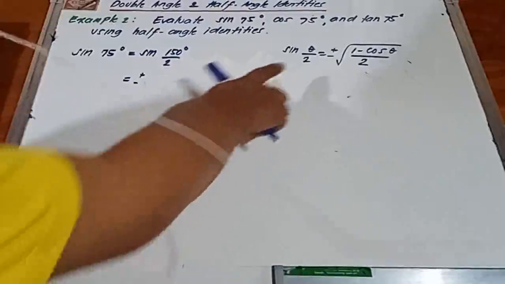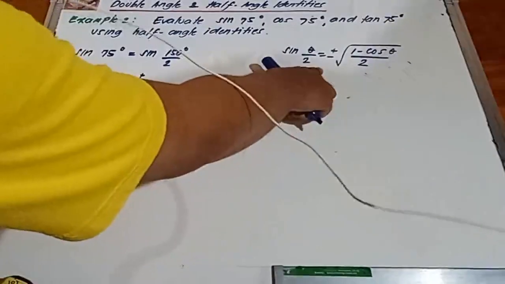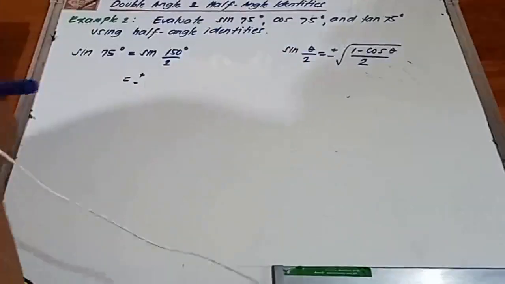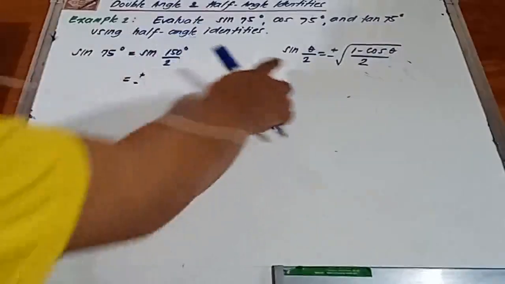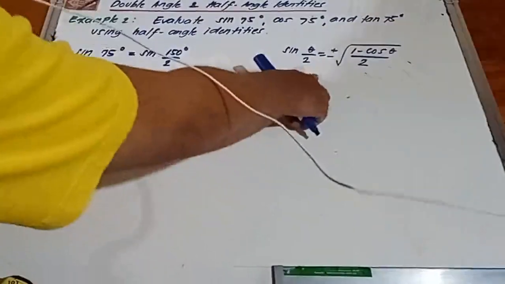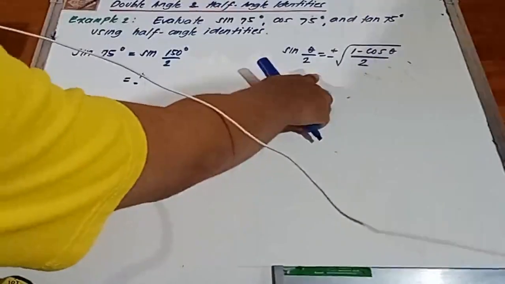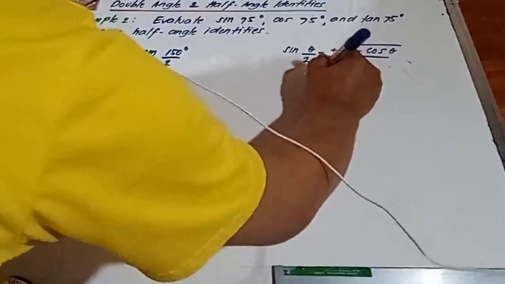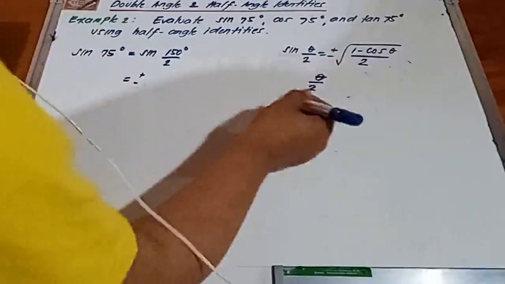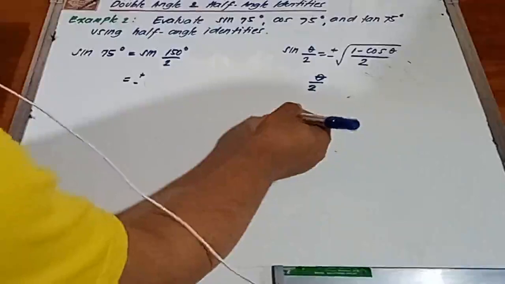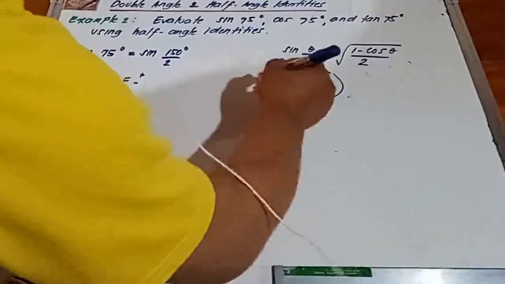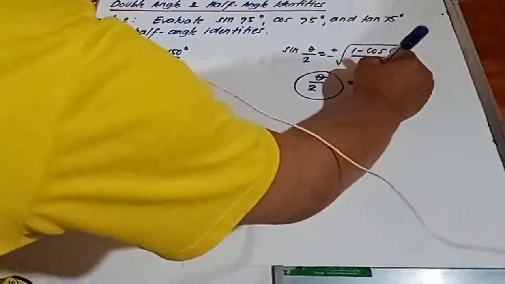By the way, anong gagamitin natin, plus or minus? Ang magiging basis daw natin nung sine theta over 2 and cosine theta over 2 ay kung saan quadrant tatama yung theta over 2. And if theta is 150 degrees, theta over 2 is 75 degrees.